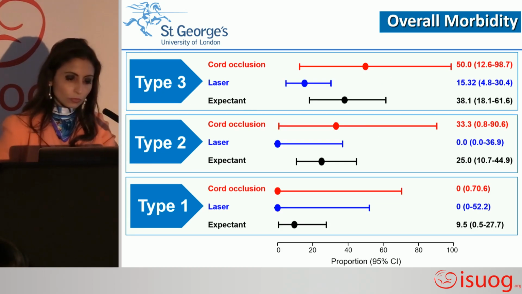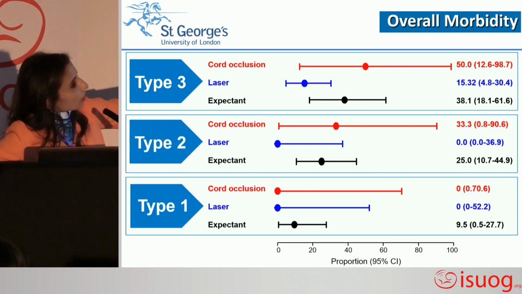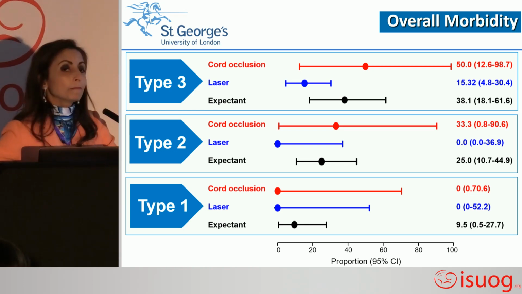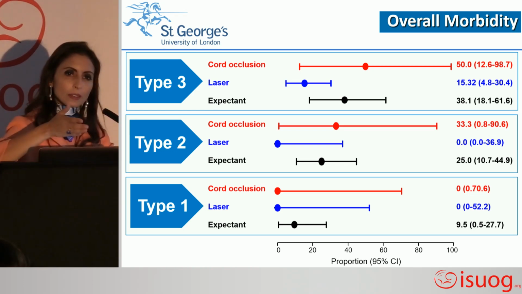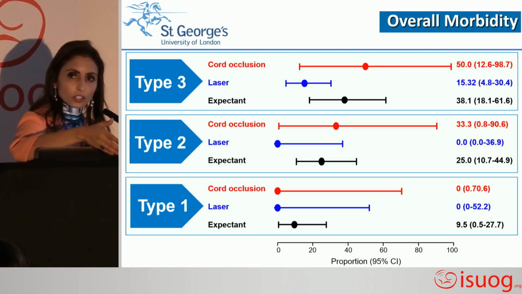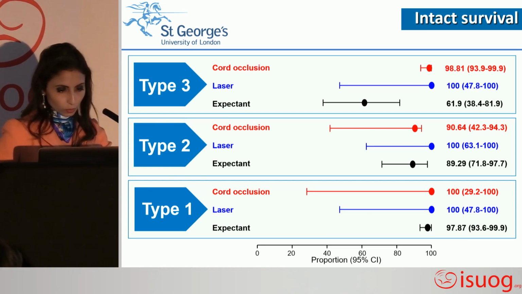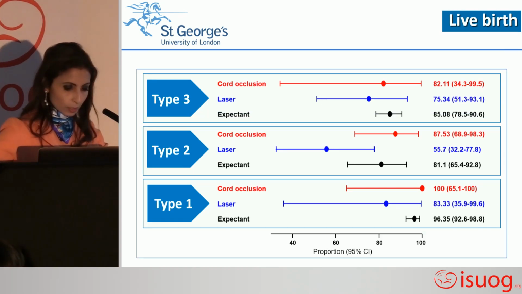It's not that low. The overall morbidity is interesting, because you see that laser tends to be associated with a lower risk of morbidity. So you see a pattern that maybe laser is associated with higher loss, but perhaps a reduction in morbidity. So that's intact survival, and now live births.